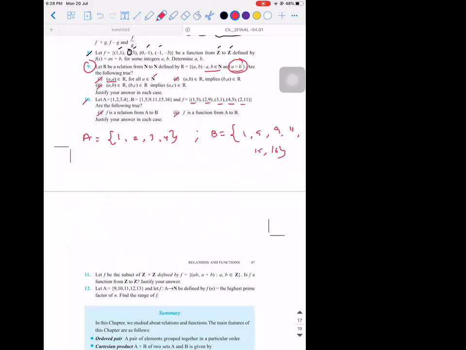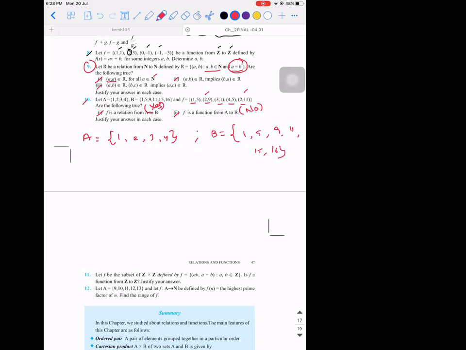Is F a function from A to B? It's very simple. Actually, no, sir. Why? 2 has 2 different images. One input has two different outputs, (2, 9) and (2, 11). Same input, but two different outputs.